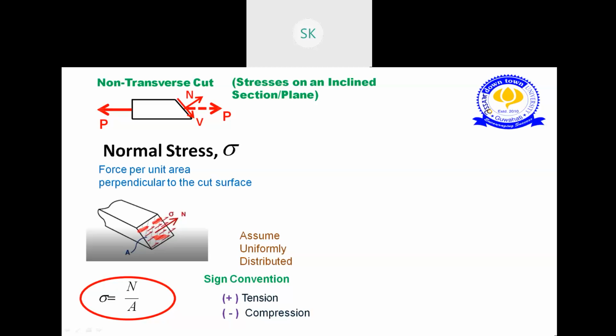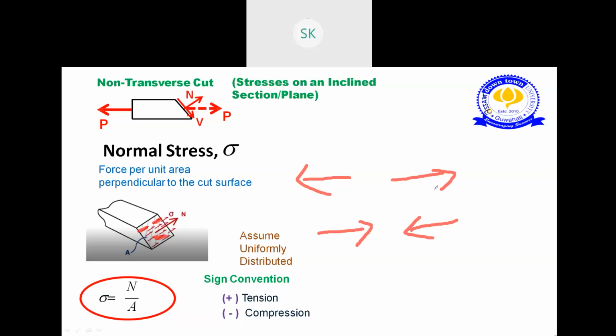And for the sign convention, we'll take tension as positive, and if the answer is negative then we'll take it as compression. Hope you guys are clear with this concept. Tension is like this, we are pulling it out, this is called tension, and compression generally represents compressing. The word itself signifies compress.